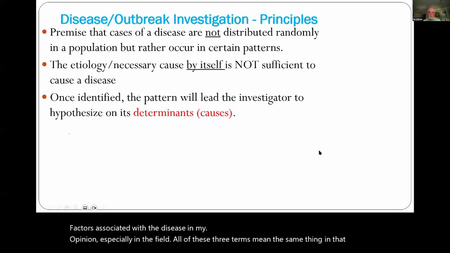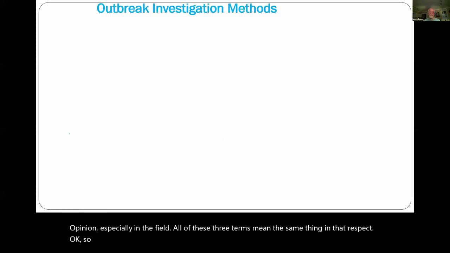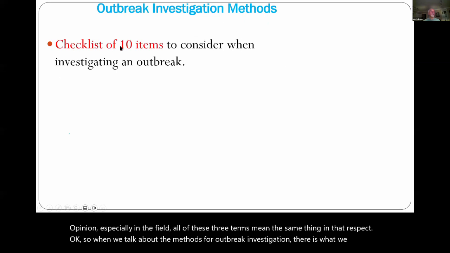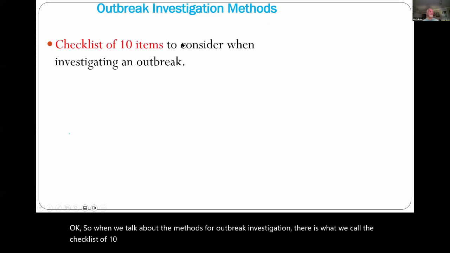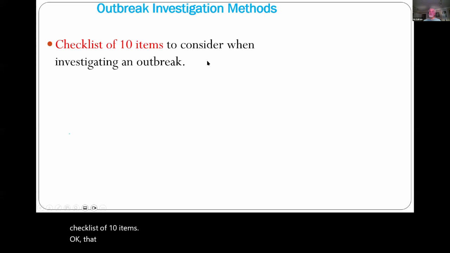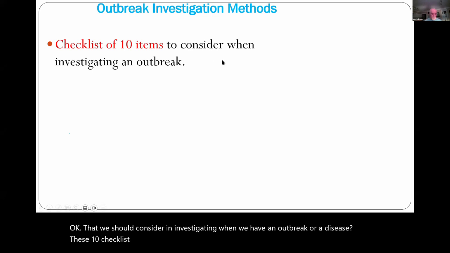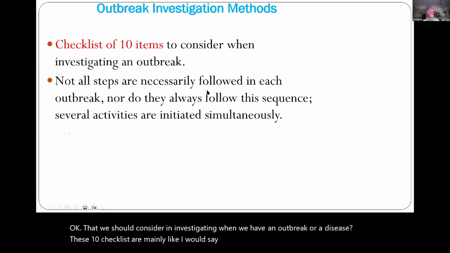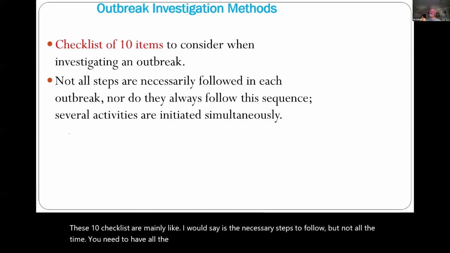When we talk about the methods for outbreak investigation, there is a checklist of 10 items that we should consider when we have an outbreak or a disease. These 10 items are the necessary steps to follow, but not all the time do you need to have all 10 addressed.